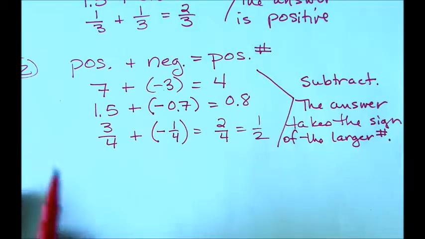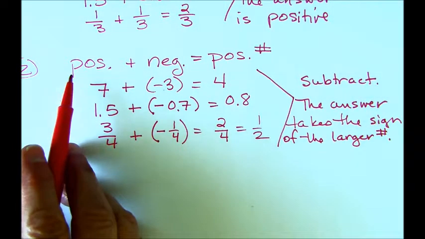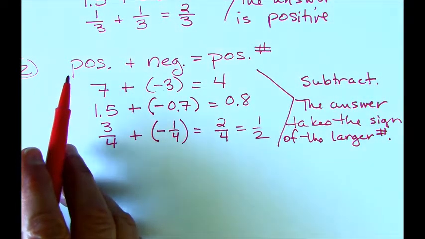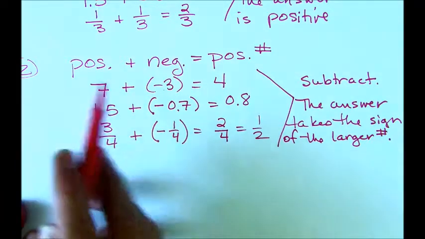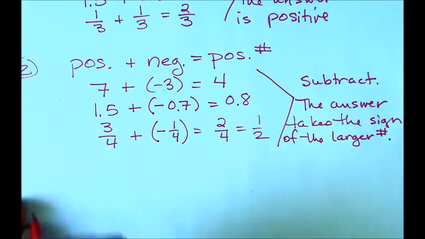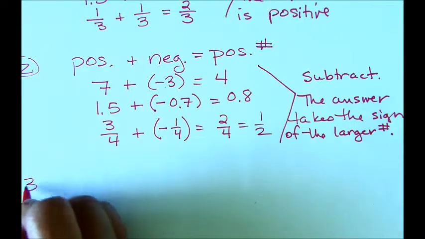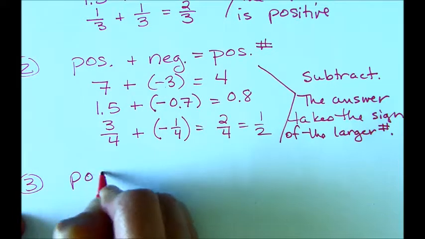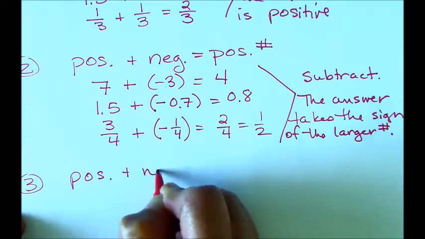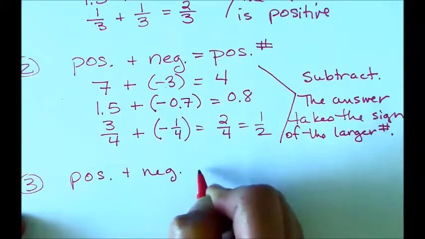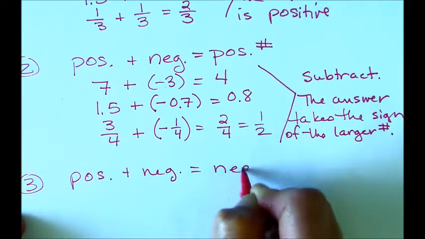Now I said earlier that we're going to have 3 possible scenarios when you're dealing with positive added to a negative or negative added to a positive. So let's look at another situation. In this case, we're going to get a negative.